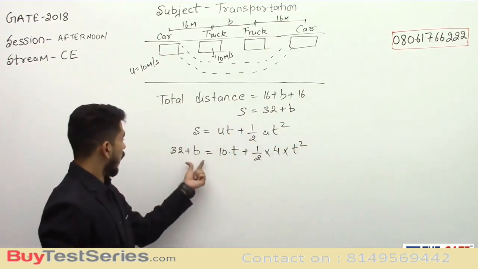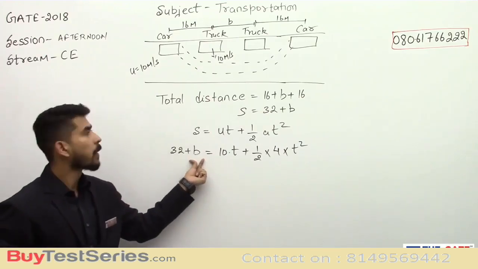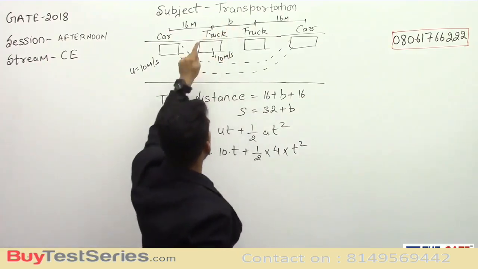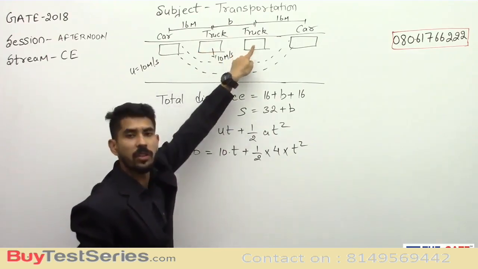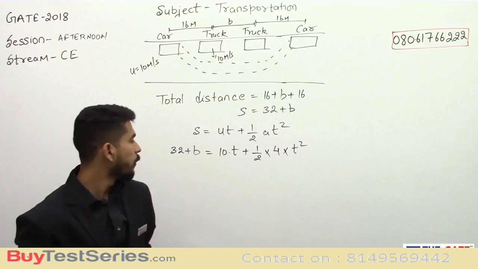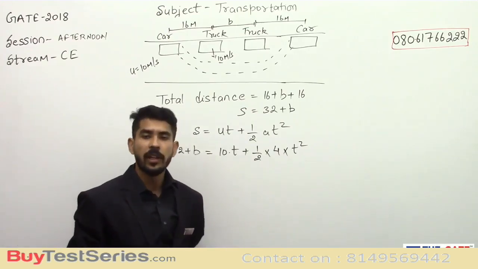Now this particular thing B. If you look at B, B is the distance traveled by the truck from this position to this position during the overtaking time T. This time T is the overtaking duration.